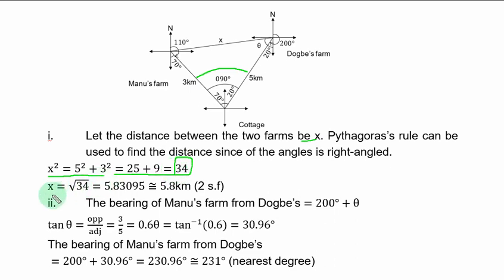To get S, you take the root of both sides, and S is equal to square root of 34.